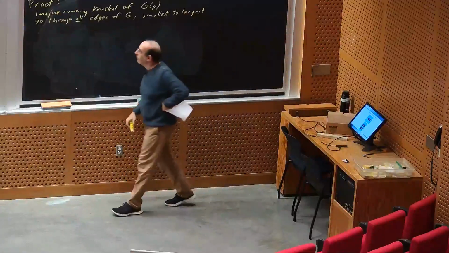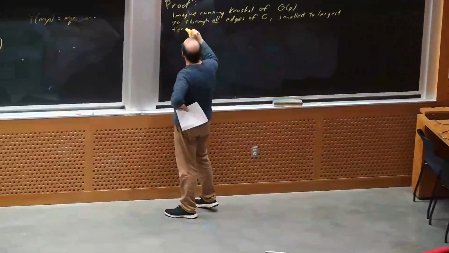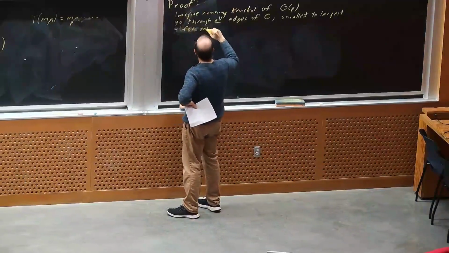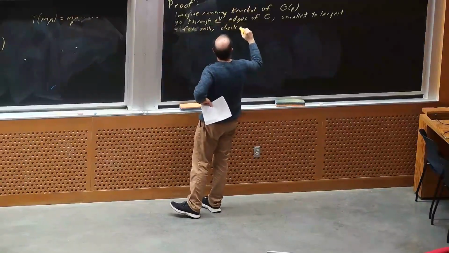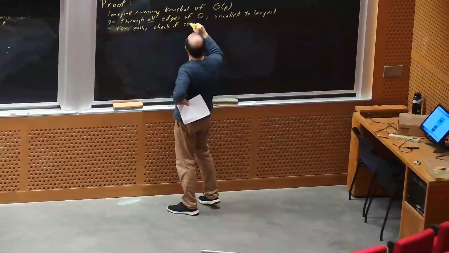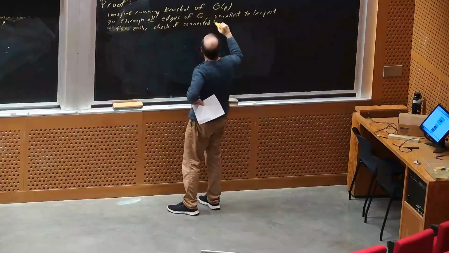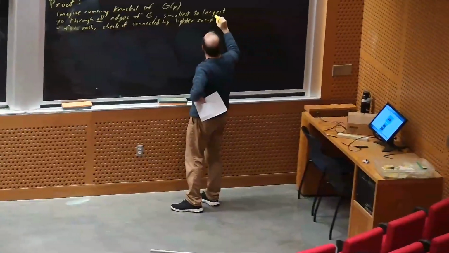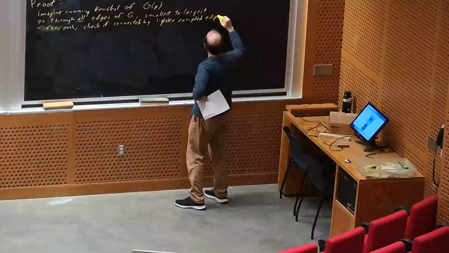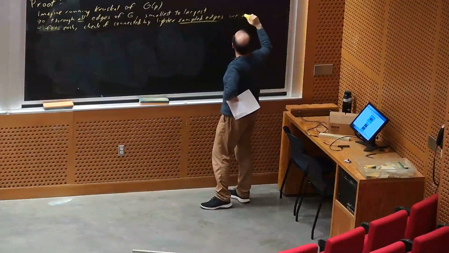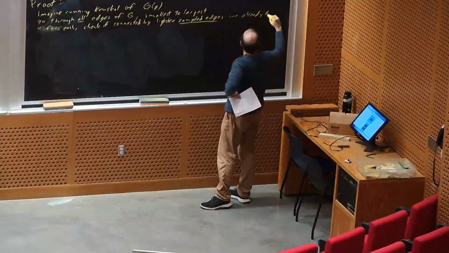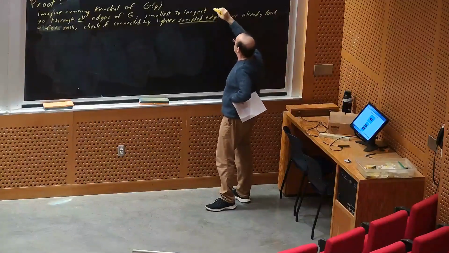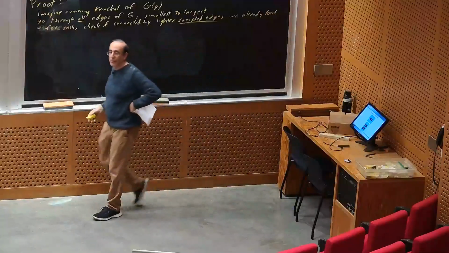For each, we will check if it is connected by the lighter sampled edges we already took. So we're going to go through the edges from smallest to largest, and we're going to sample as we go.